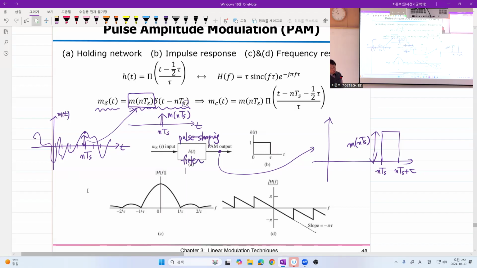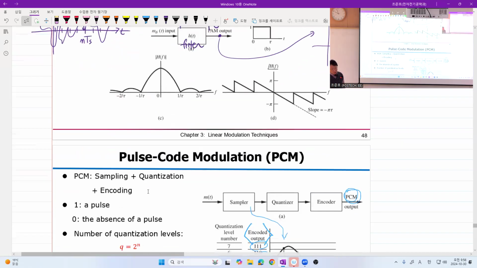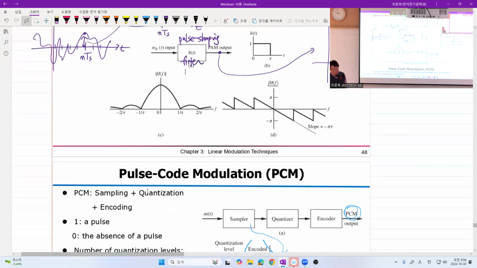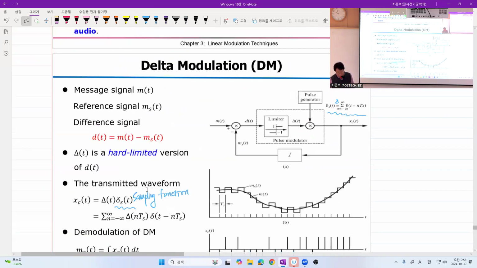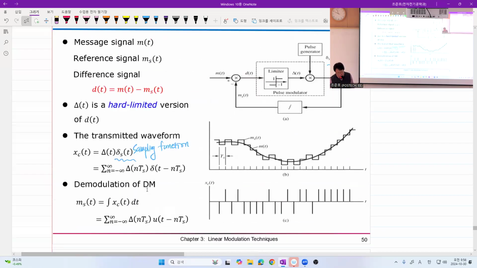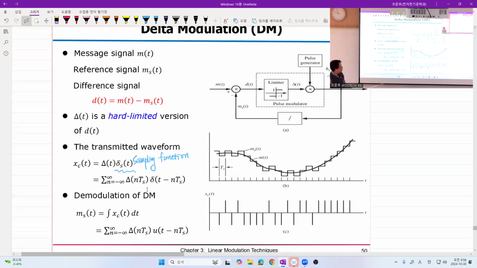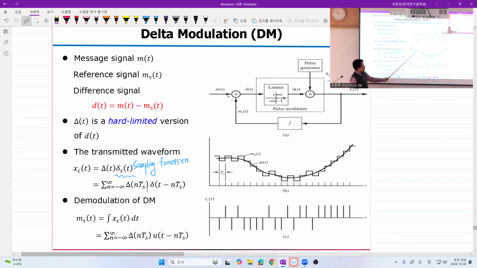Then what do we have? Something like this. Do you see this square pulse? Right? So we have m of t, right?